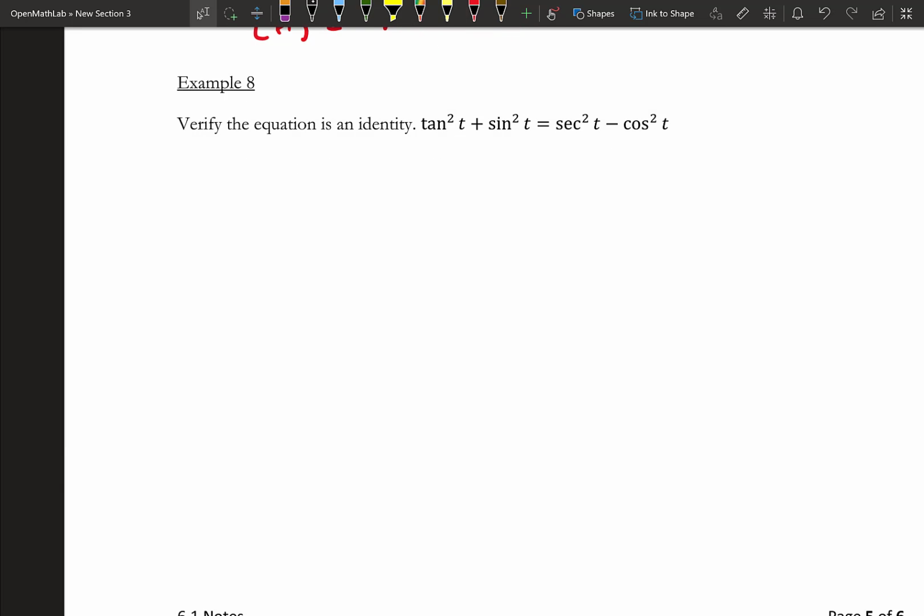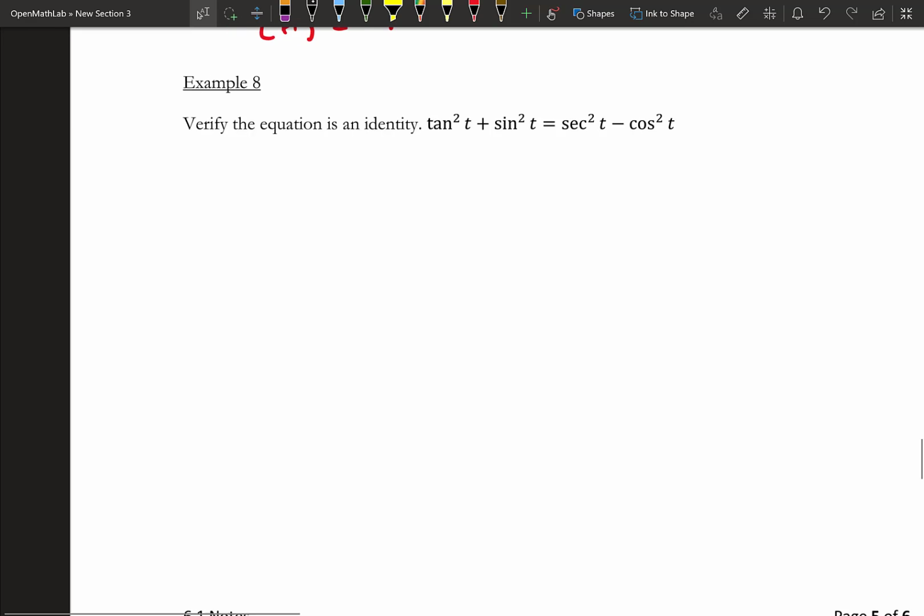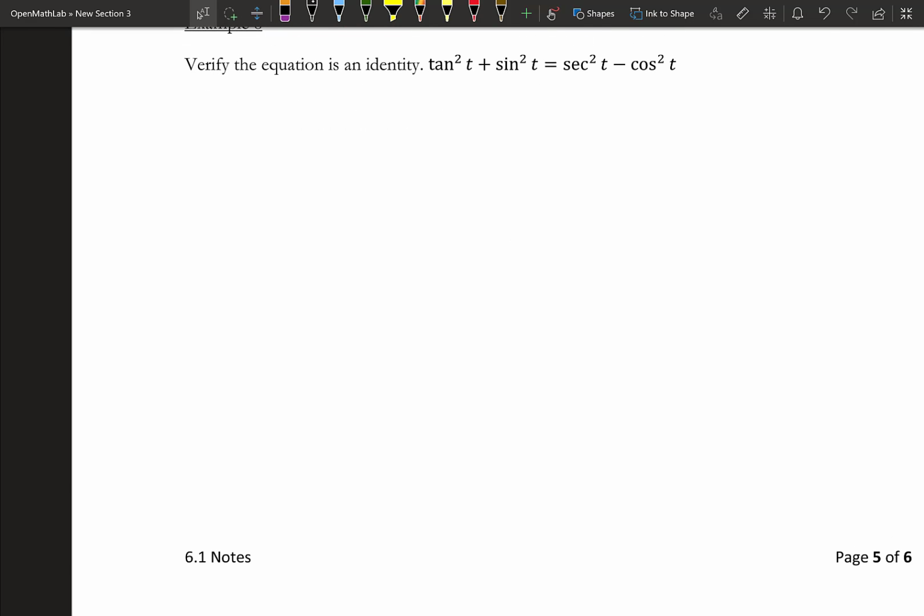Right, so then example 8 is we want to verify this equation is an identity. And we have tangent, sine, secant, and cosine squared in this. So there are a couple of things that we're going to use.